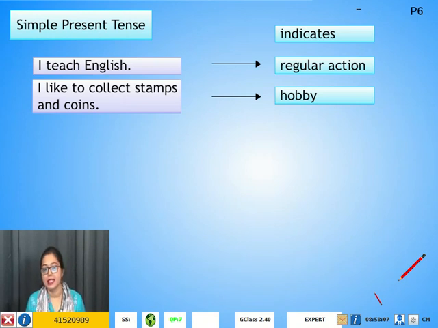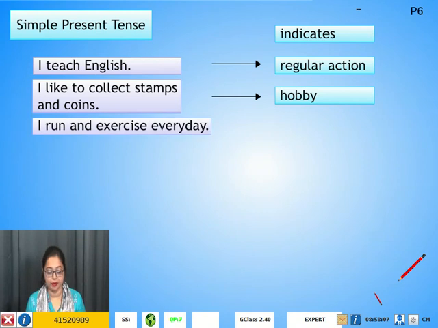So the first sentence, I teach English, is a regular action, something we do regularly. And the second sentence, I like to collect stamps and coins, is a hobby. Next you see, I run and exercise every day. What is it saying? It's a habit.